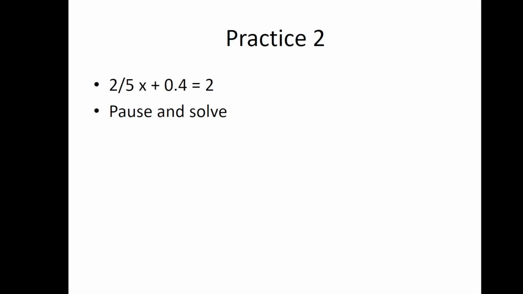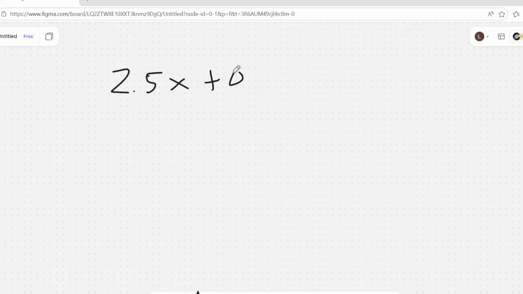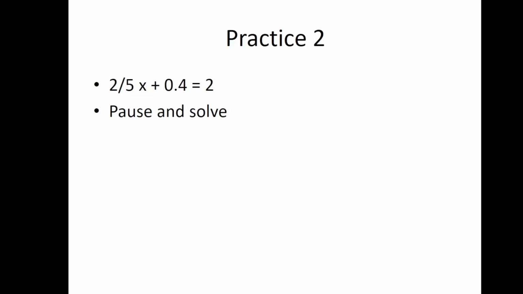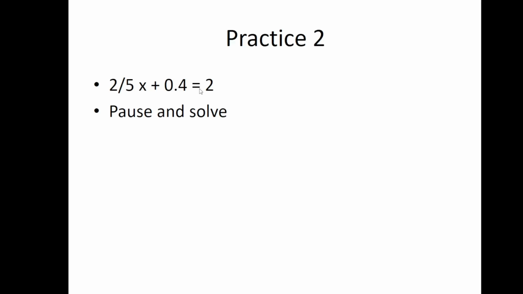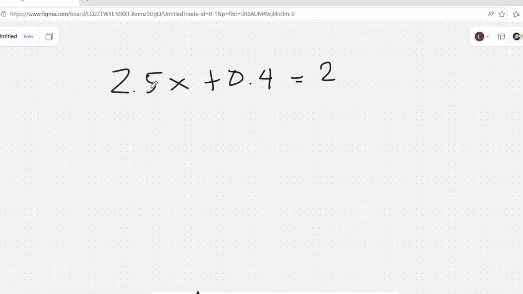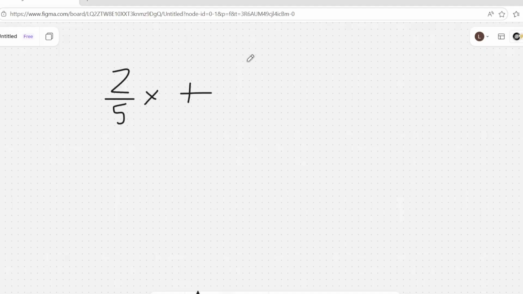Okay, so let's try to solve this one. I'll rewrite 2.5x plus 0.4 is equal to 2. As you can see here, what we have is 2/5, rather, I'm sorry. Let me rewrite: 2/5x plus 0.4 is equal to 2.